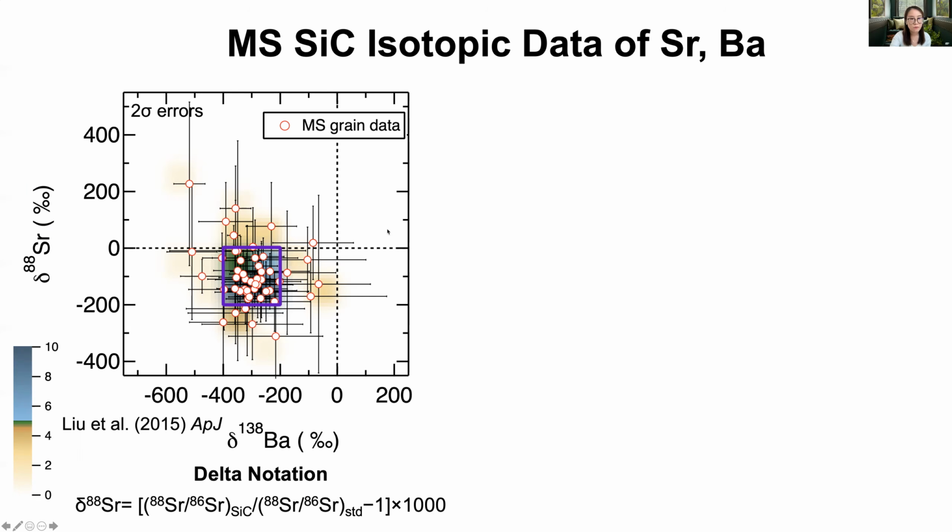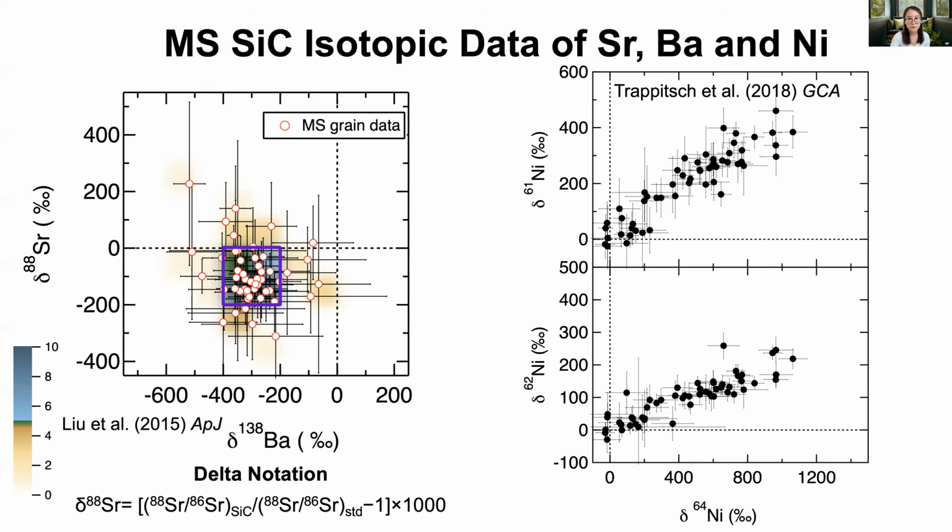So the solar system composition here is at 0. Although there is some scatter among the grains, we see most of the grains lie within this purple box and show lower than solar values with very small scatter.